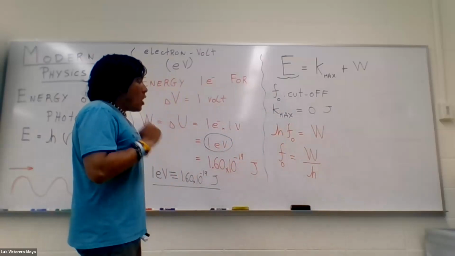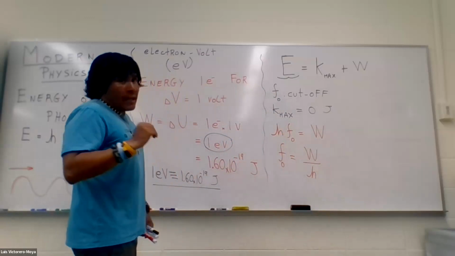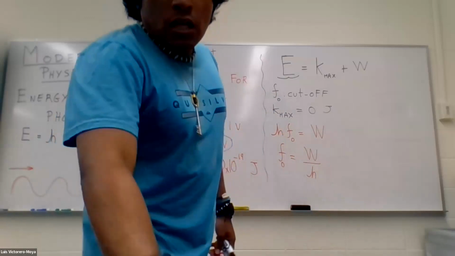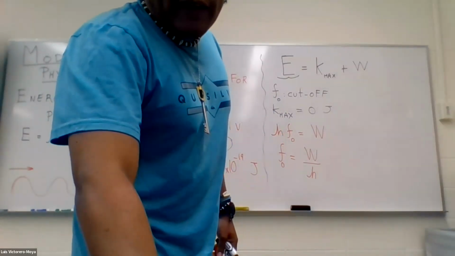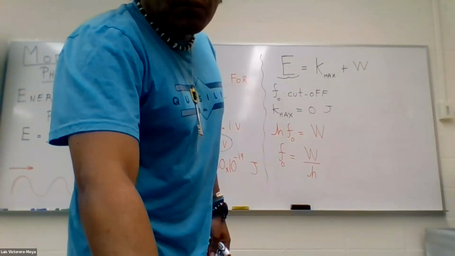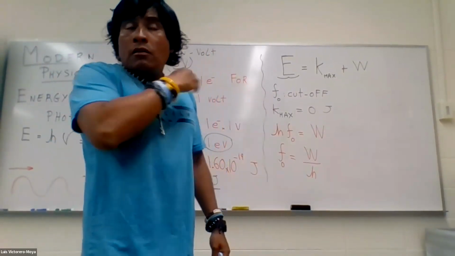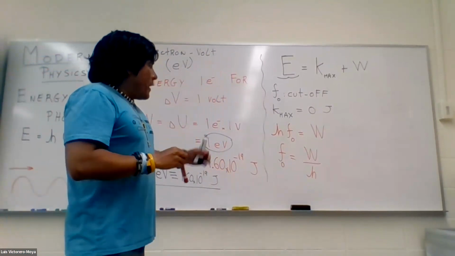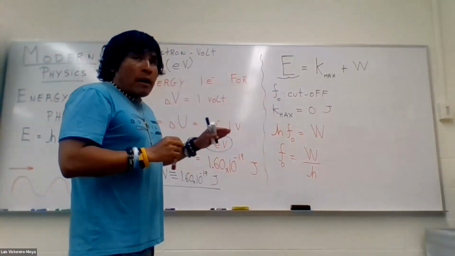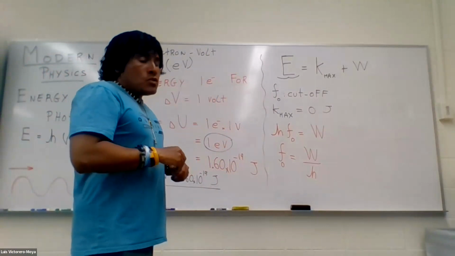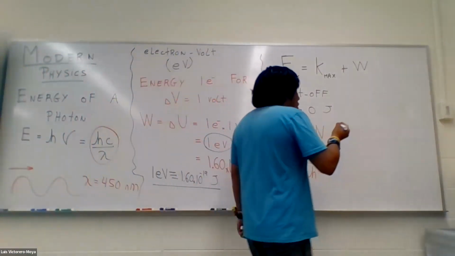So what you can plot in a graph, and that's what Einstein did for different metals. He bombarded different metals with a given amount of energy. So you can plot energy as a function of frequency.